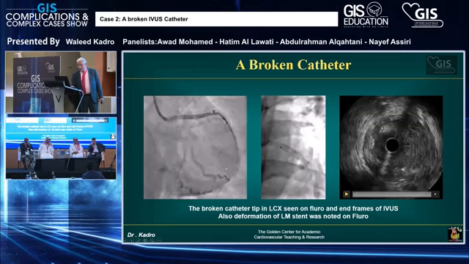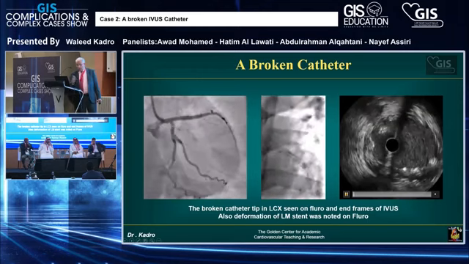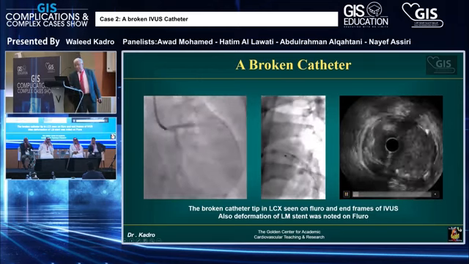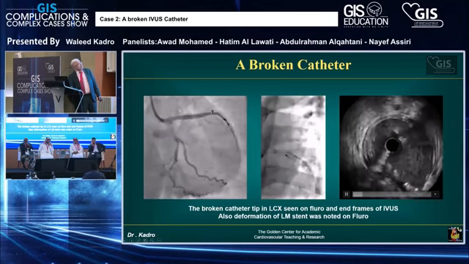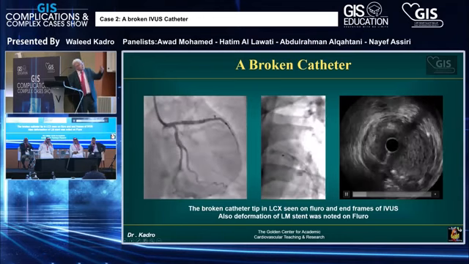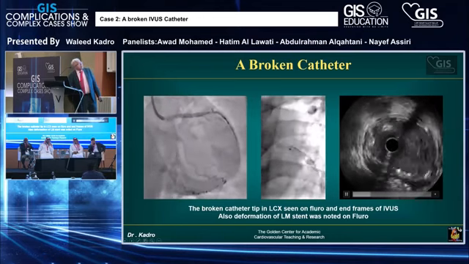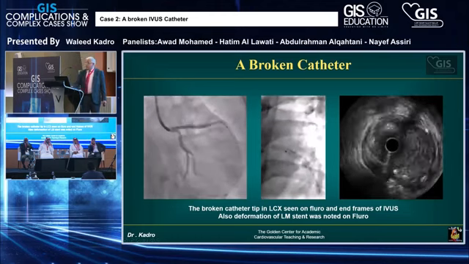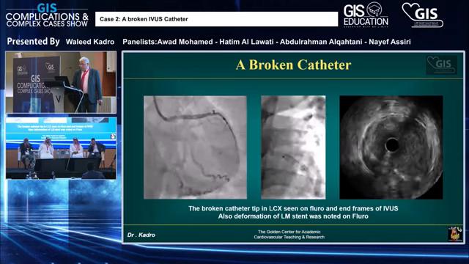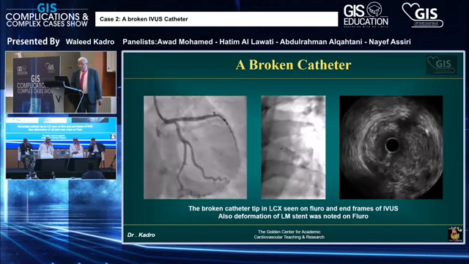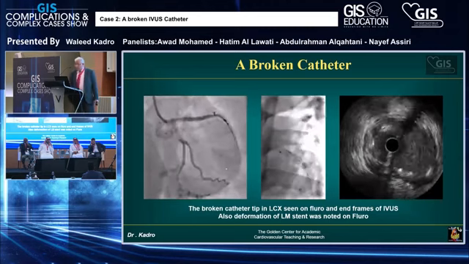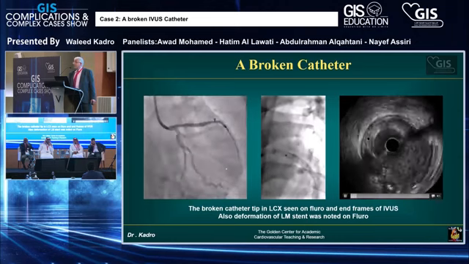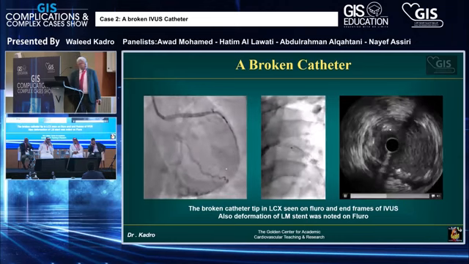After reviewing the IVUS, you see that around 11 o'clock, this area is the tip of the broken catheter that we were able to catch. So this is what happened. Let me stop here and ask for some opinion before we go.